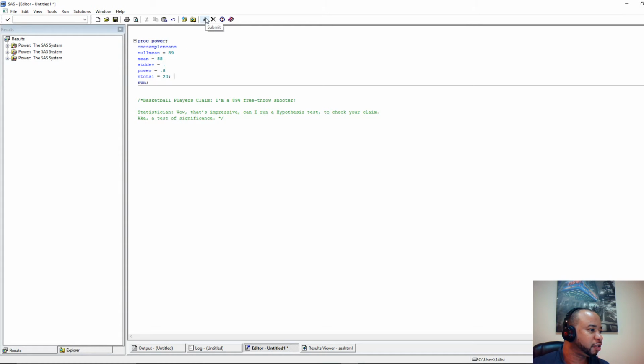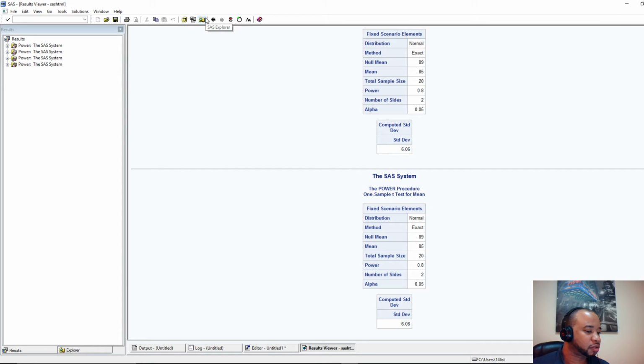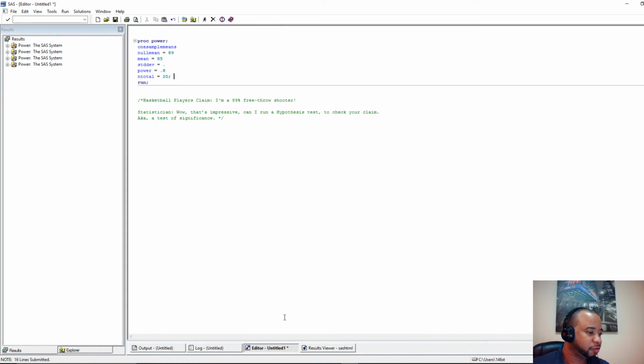So let's run a test on this. So what did that give us? Oh, it's two-sided. Alpha set at 0.5. Let's go back.